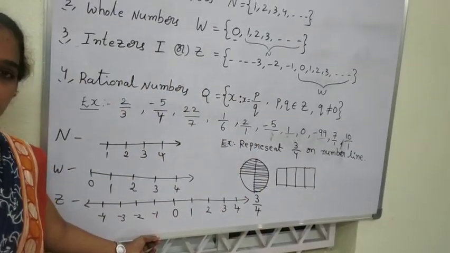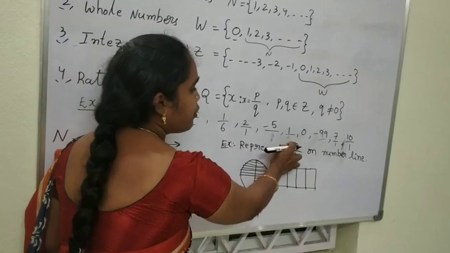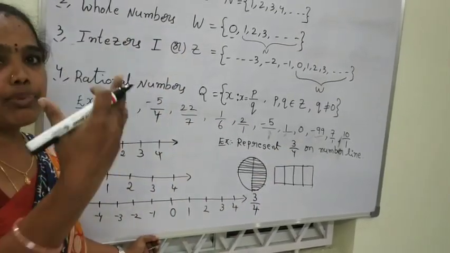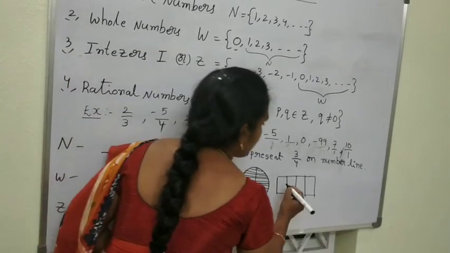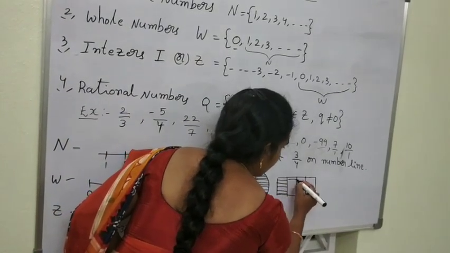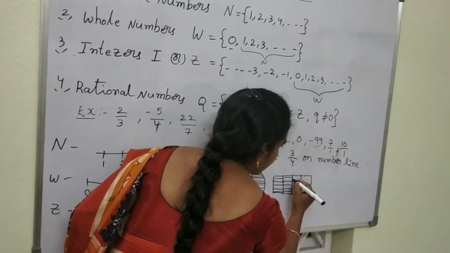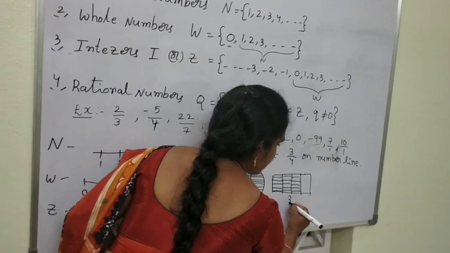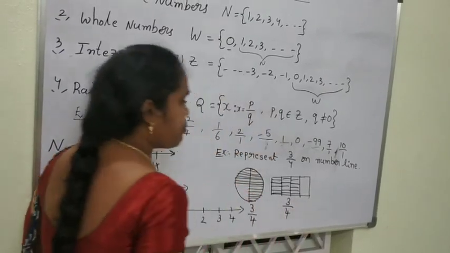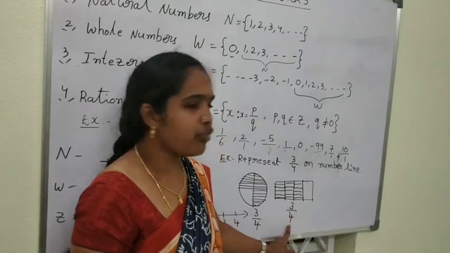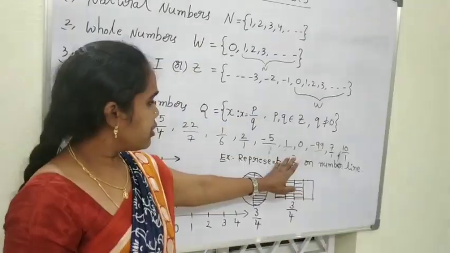So I have divided into 4 parts. In that, now you see the numerator 3. 3 are taken. So 3 parts we have to shade. So 3 parts I am shading. Okay, now this picture represents 3 by 4. Is it or not? 3 parts I have shaded, total 4 parts. Understood? So 3 by 4.